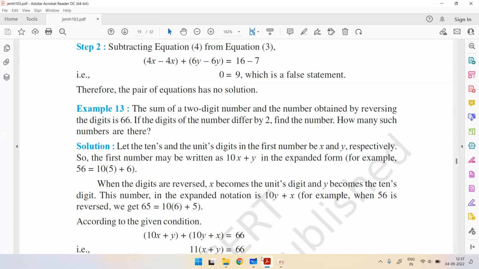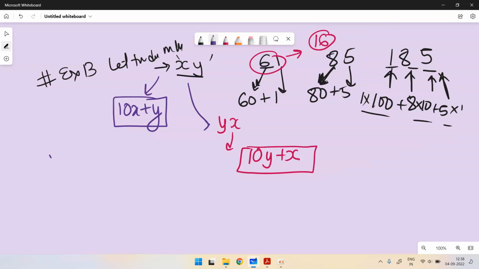And what is this equation saying? That the sum of the two-digit number and the number obtained by reversing the digits is 66, which implies that 10x plus y plus 10y plus x equals 66.